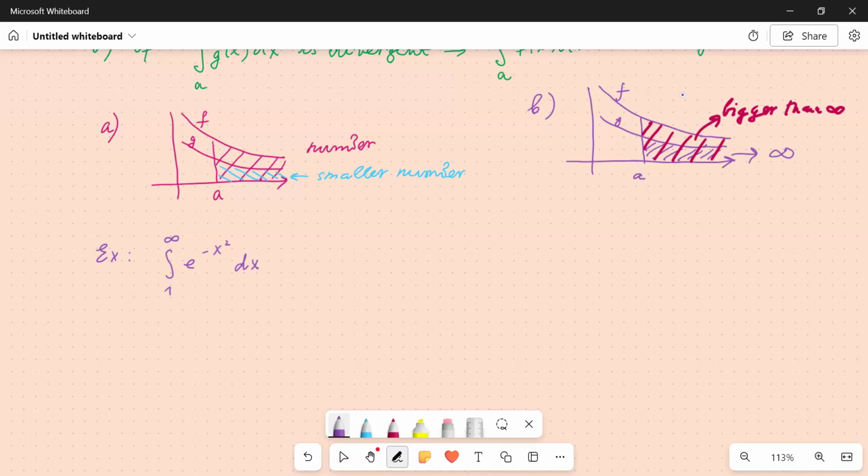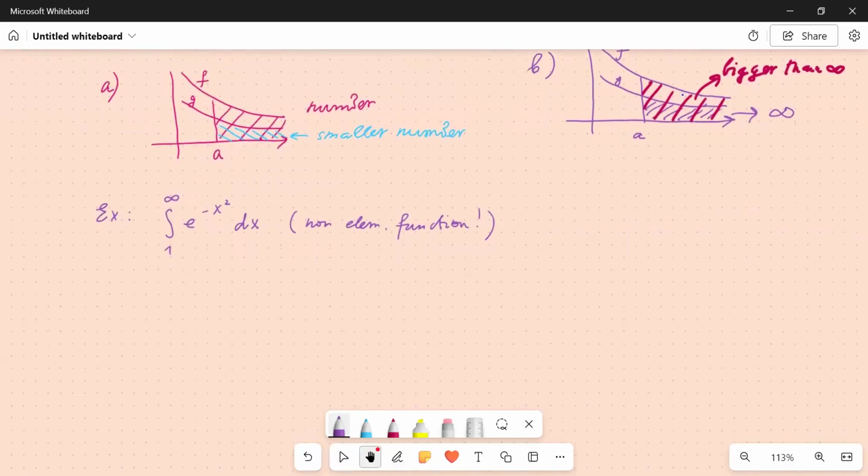We can either do it numerically or there is no formula actually. It's a non-elementary function. What I'm going to do, guys, is make a comparison.